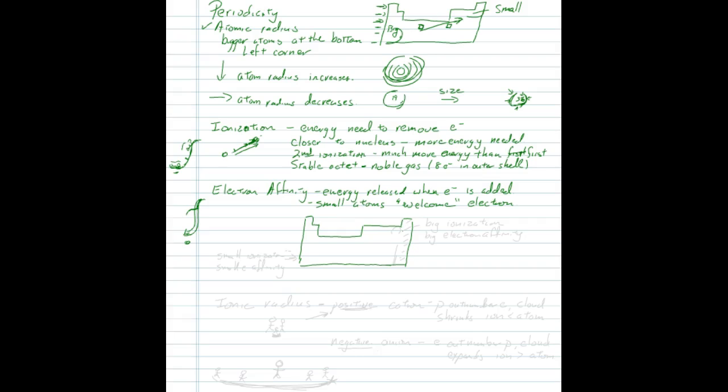Here are the small atoms up here, but you have big ionization energy and big electron affinity. That means down here is the opposite: small ionization energy and small electron affinity.